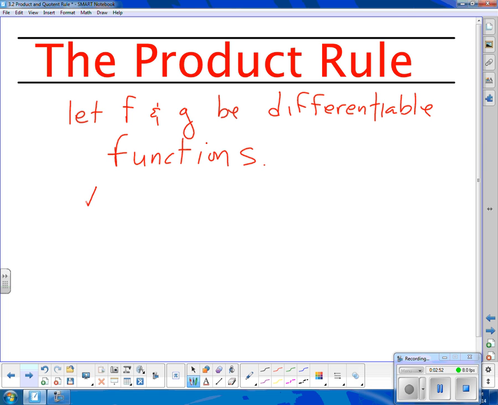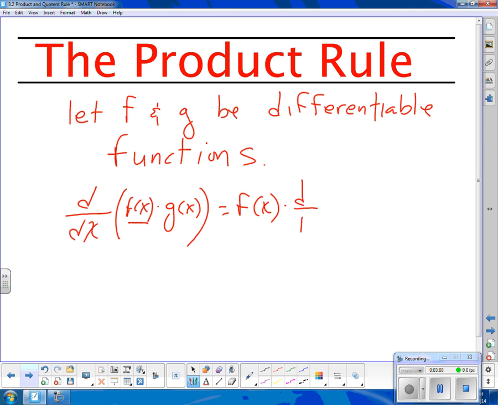So the product rule, the derivative with respect to x of f of x times g of x is, here's the way it works. We take the f of x, the first function in this product, and we multiply that by the derivative with respect to x of g of x, the second function, and we add that to g of x times the derivative with respect to x of f of x.